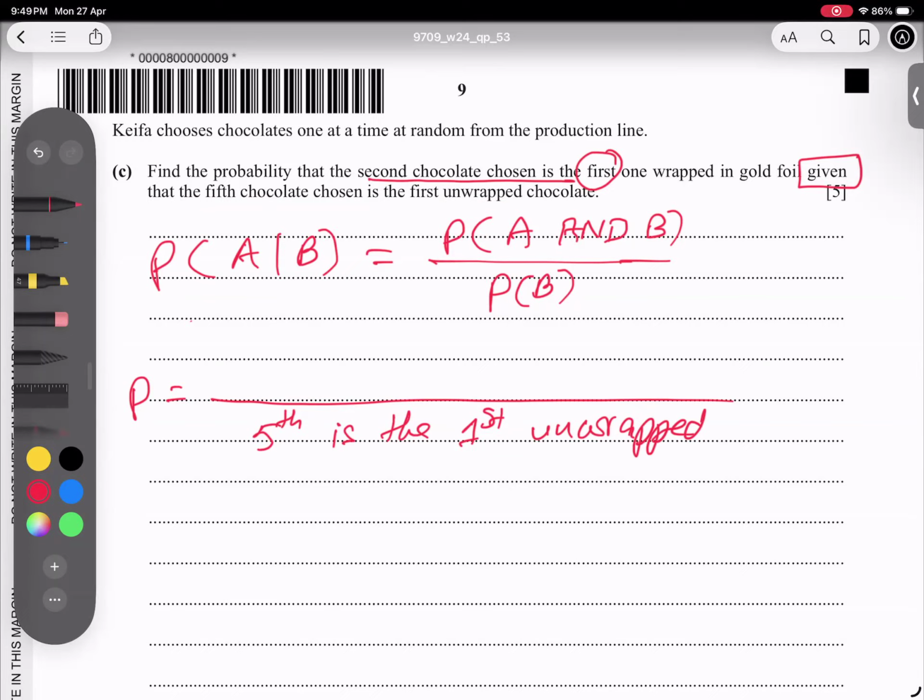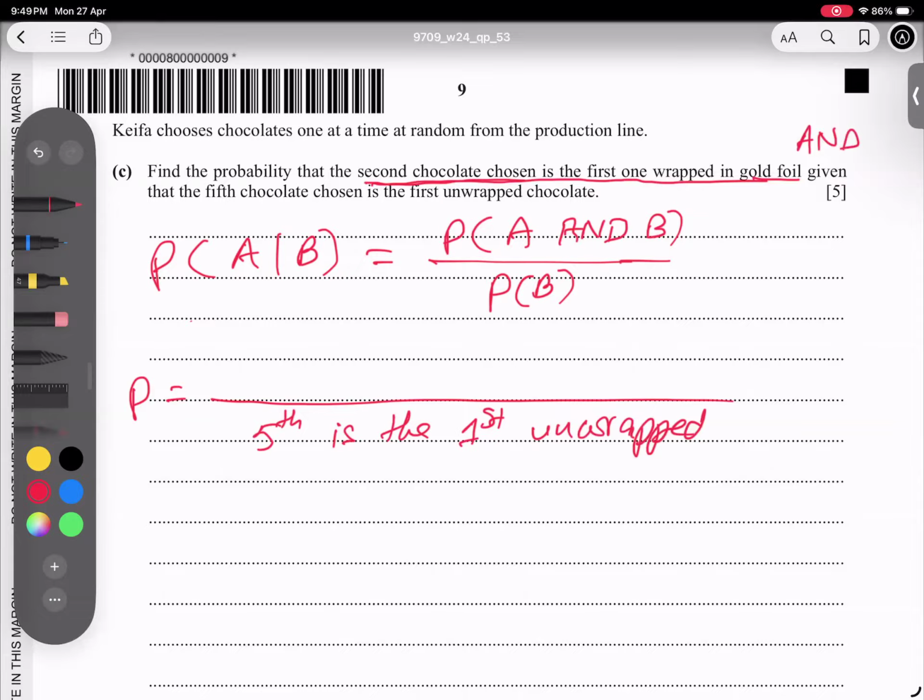We read the upper part together, and this is a little difficult part, which is why it is 5 marks. So he's saying that the second chocolate chosen is the first one wrapped in gold foil.